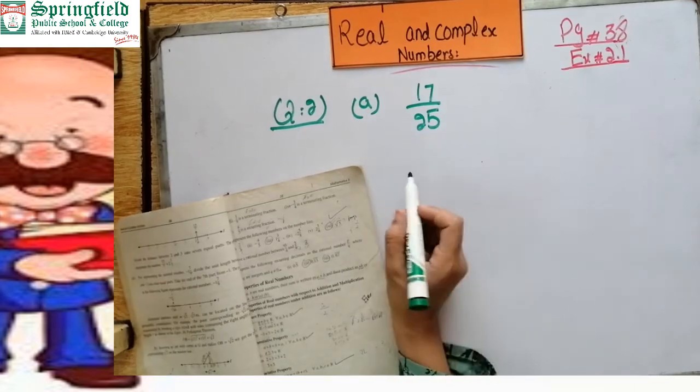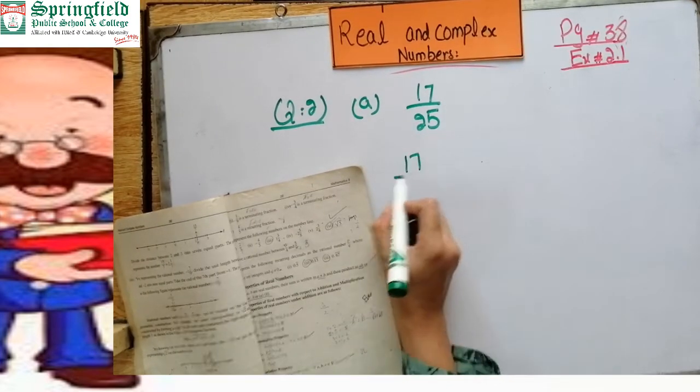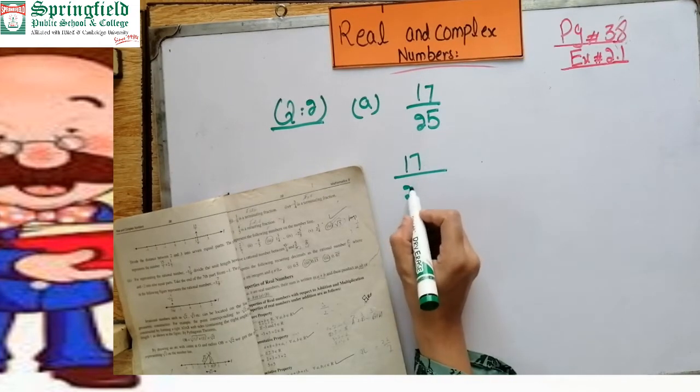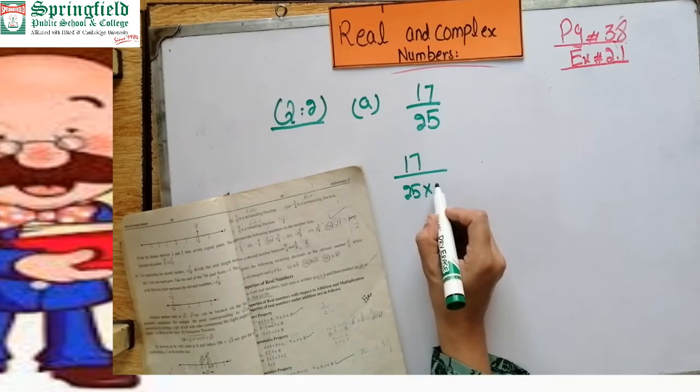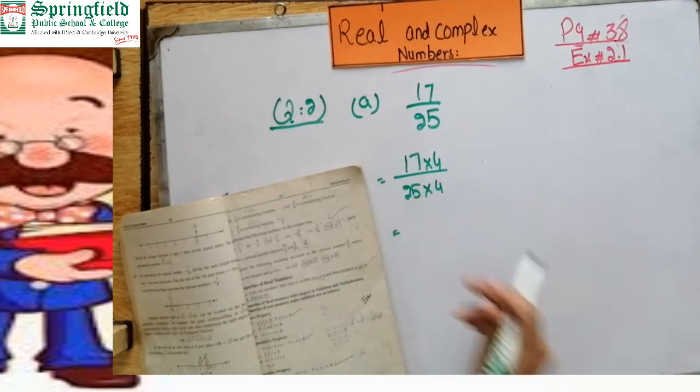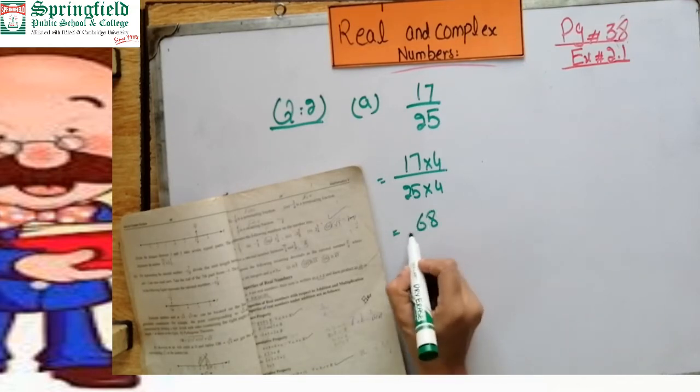There are two methods. You can make the denominator 100. So 25, when we multiply it by 4, becomes 100. So 17 multiplied by 4 is 68.